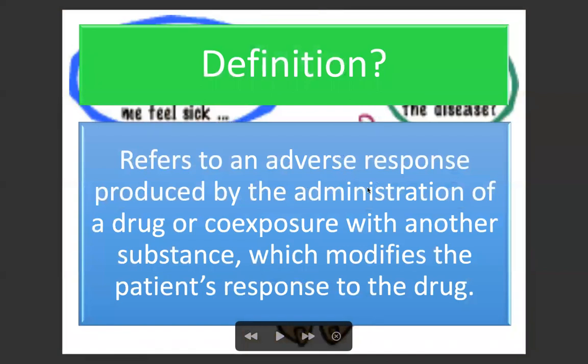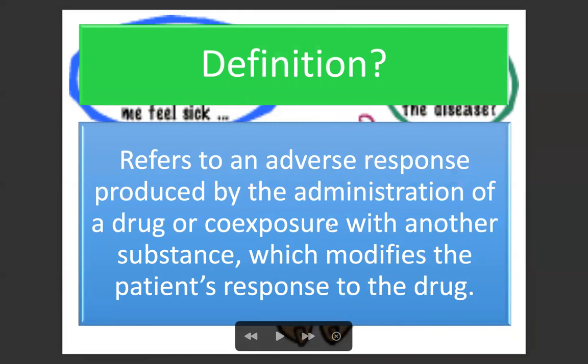So the definition refers to an adverse response produced by the administration of a drug or co-exposure with another substance which modifies the patient's response to the drug. So again, we have the precipitant drug and the object drug.